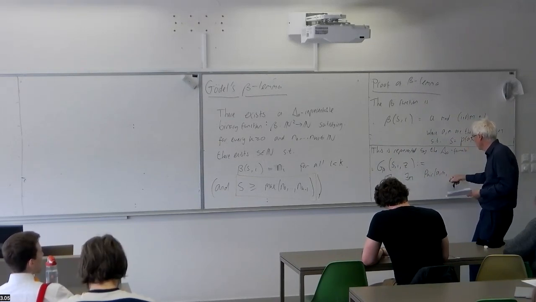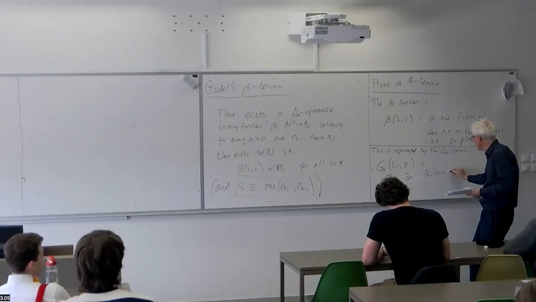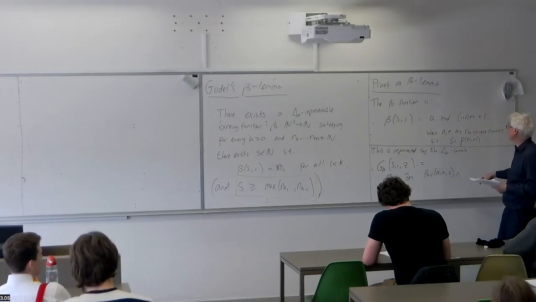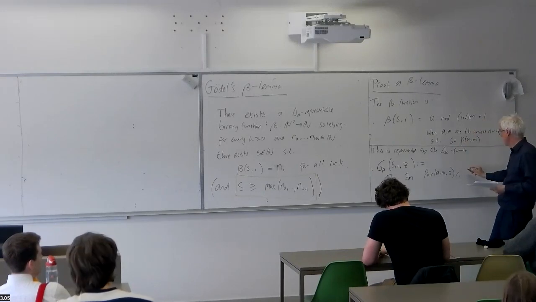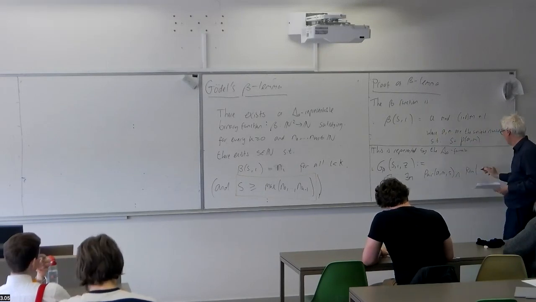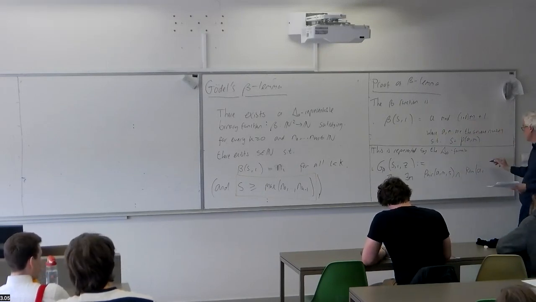We had a delta zero pair relation for that. And then Z is the remainder of A divided by (I plus 1) times M plus 1.